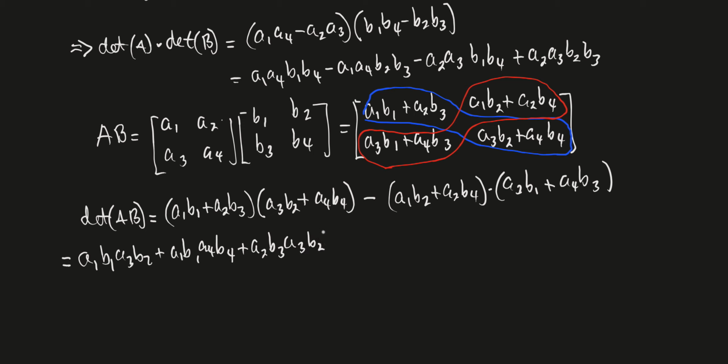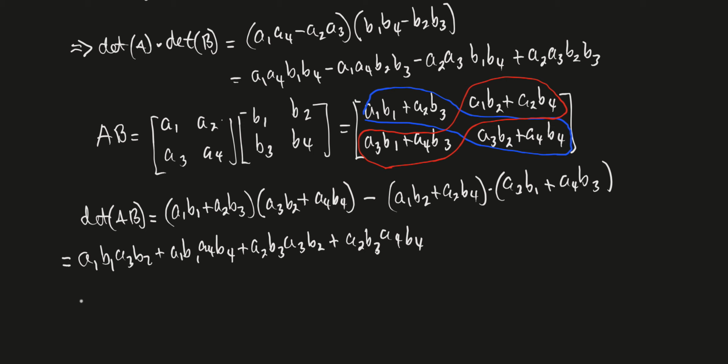And finally from this one we have plus A2 B3 times A4 B4. Now all the other ones, when we FOIL this second product out, are going to be negative.